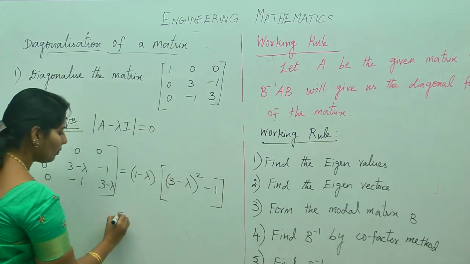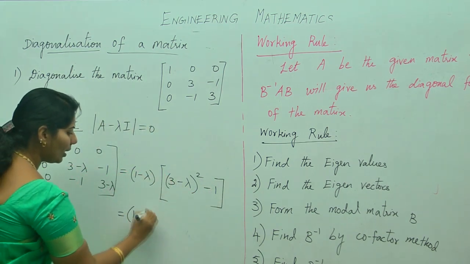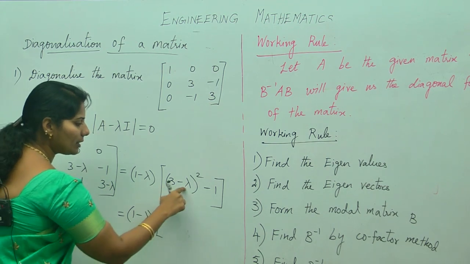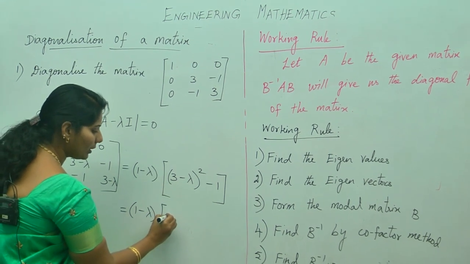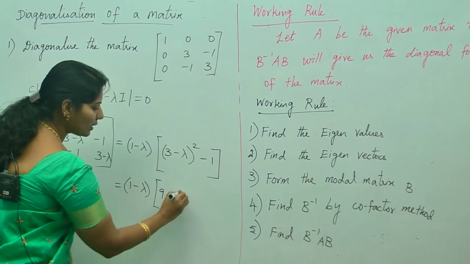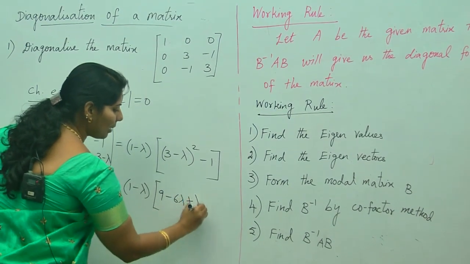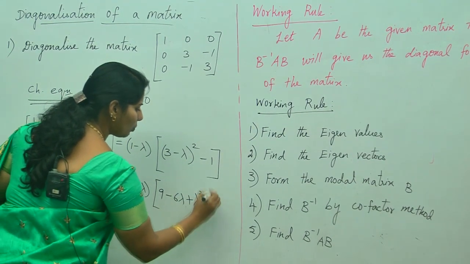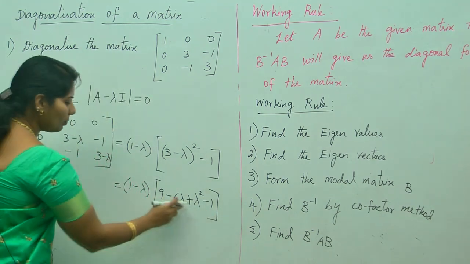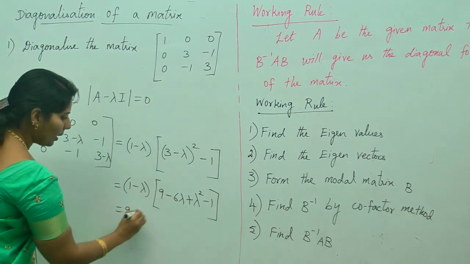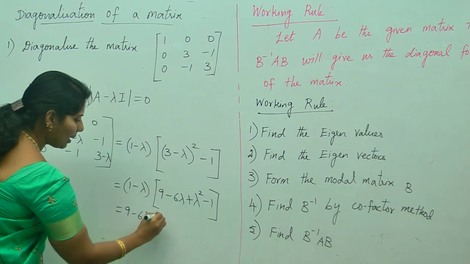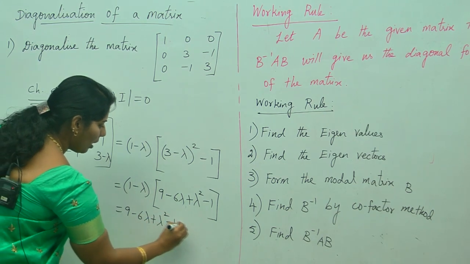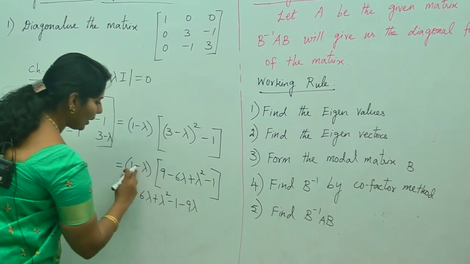Now simplify everything, 1 minus lambda into 3 minus lambda the whole square. So you will get it as 9 minus 6 lambda plus lambda square minus 1. Now simplify it, 9 minus 6 lambda plus lambda square minus 1 minus 9 lambda, minus into minus.